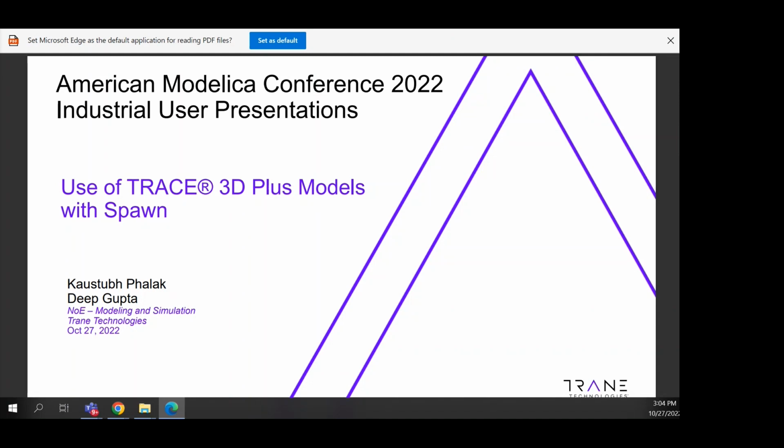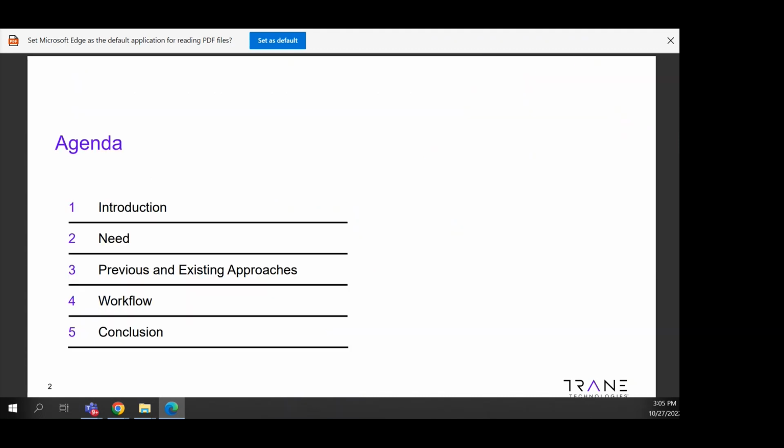So today I'm going to talk about how we are using these Dymola plus models. In general, the agenda: a short introduction, then the needs.